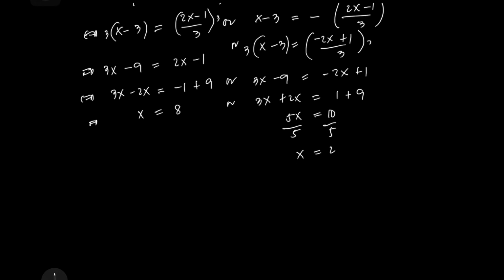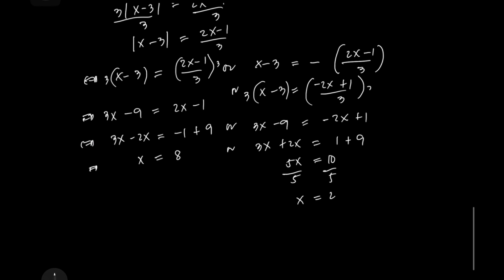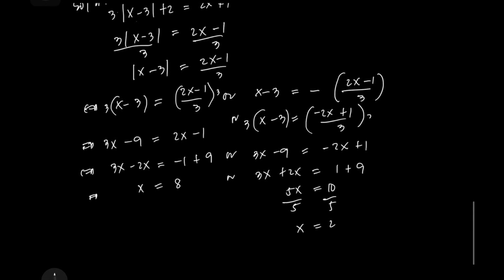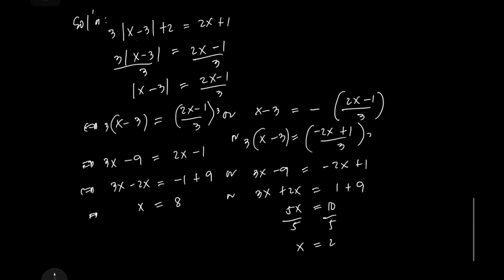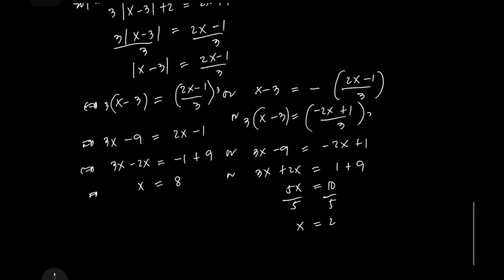Now, here, just a little warning. You cannot just write directly the solution set as 2 and 8. You have to substitute it first into the original problem to check if the equation is correct.